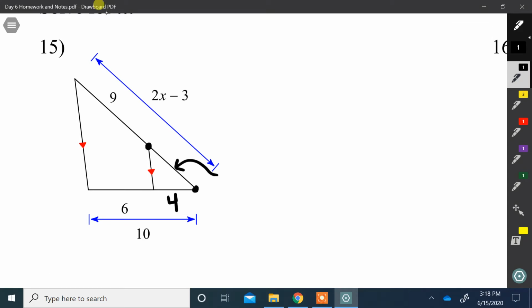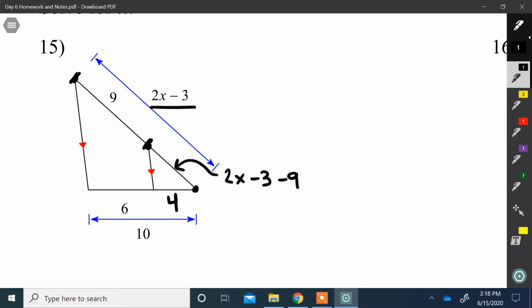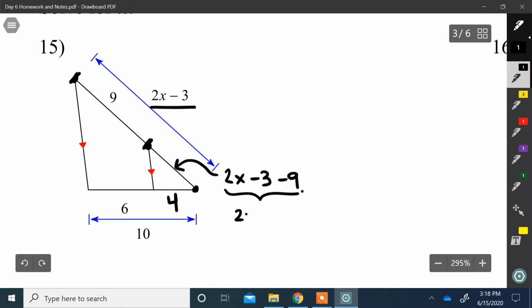Well, if the whole thing is 2x minus 3, and from here to there is 9, then that little portion should be, watch, 2x minus 3 minus 9. Okay, that's what that portion is. If you simplify that, you will get 2x minus 12.